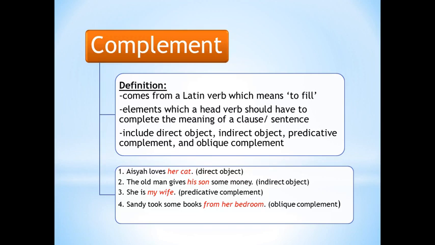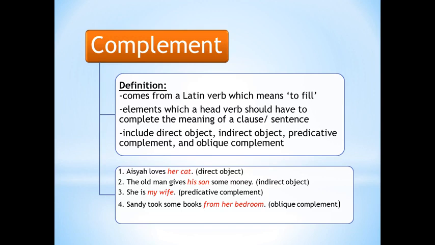Elemen-elemen yang kepala atau kata kerja utama harus punya untuk melengkapi makna dari klausa ataupun kalimat. And complement include direct object, indirect object, predicative complement, and oblique complement.